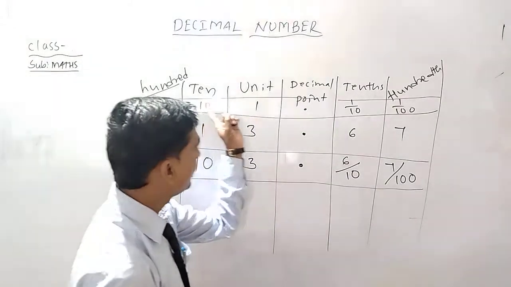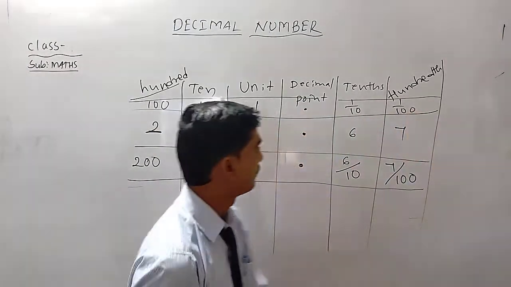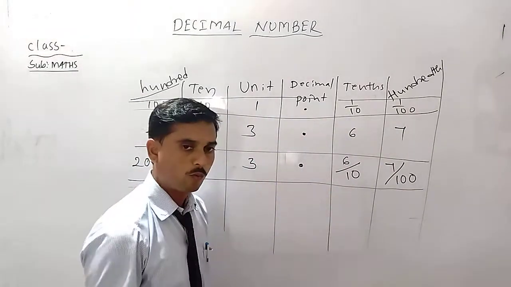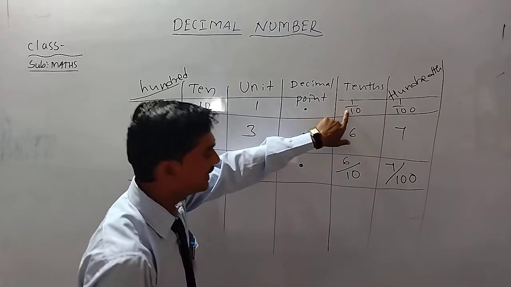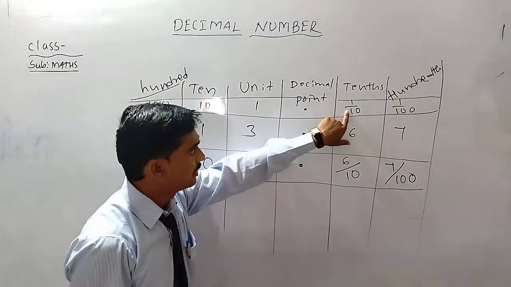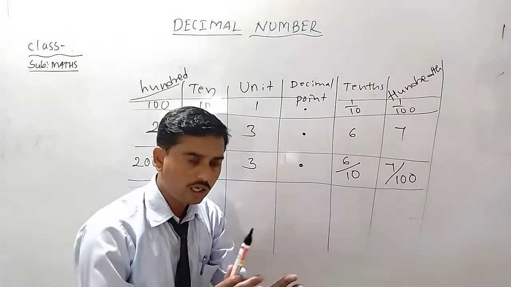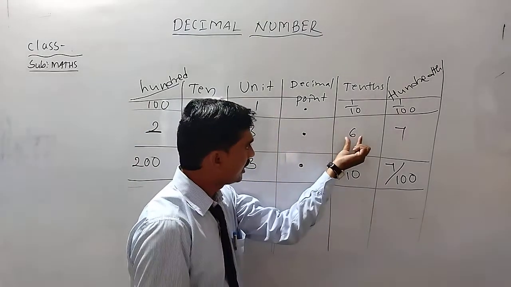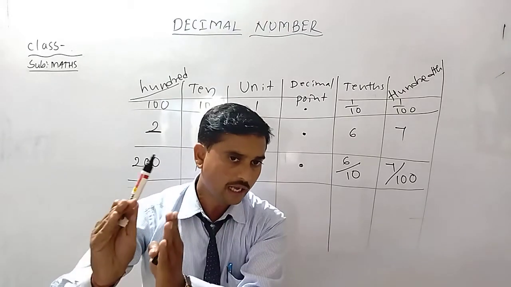Remember that. The tenth place value is 1 by 10. 1 by 10 means total 10 apples, and we selected only 6 apples out of 10 apples.